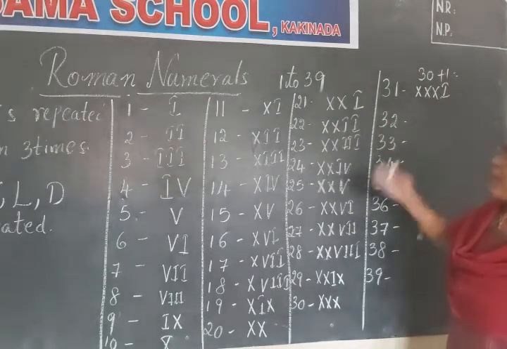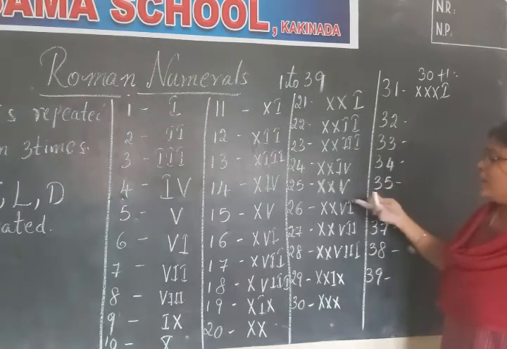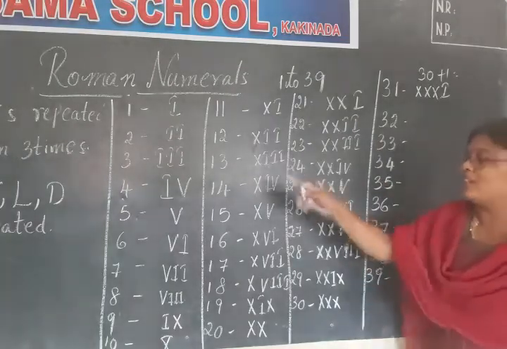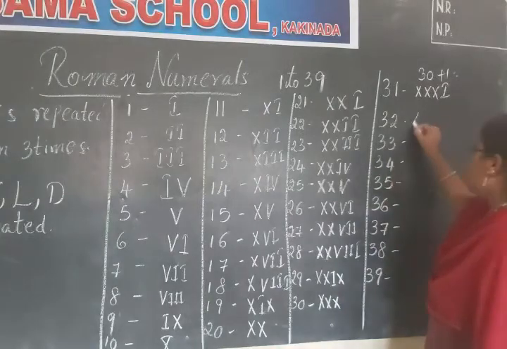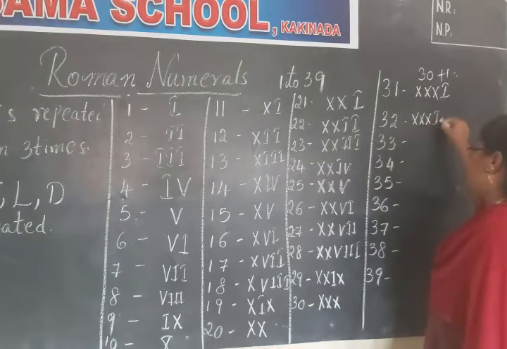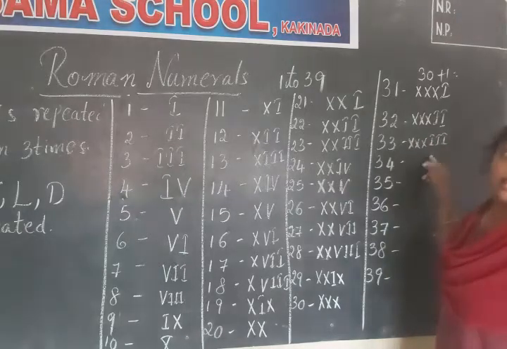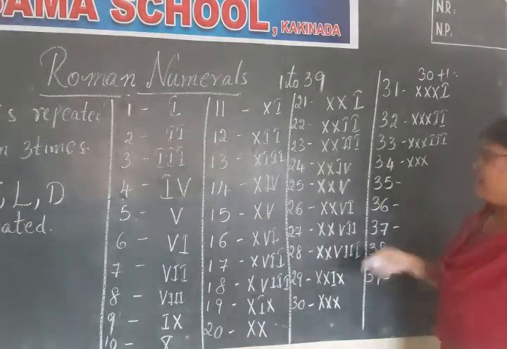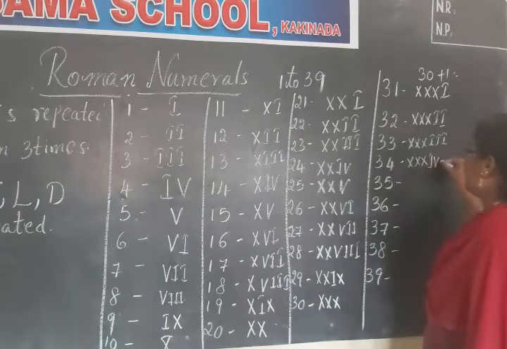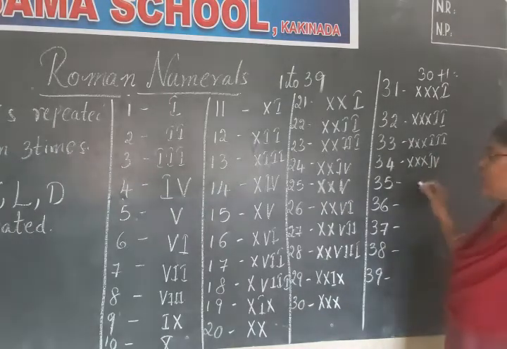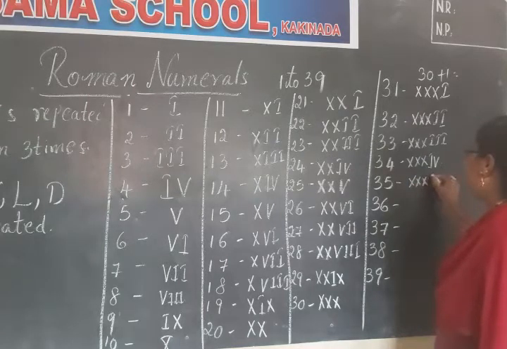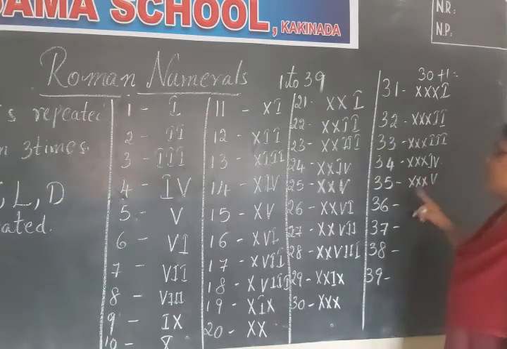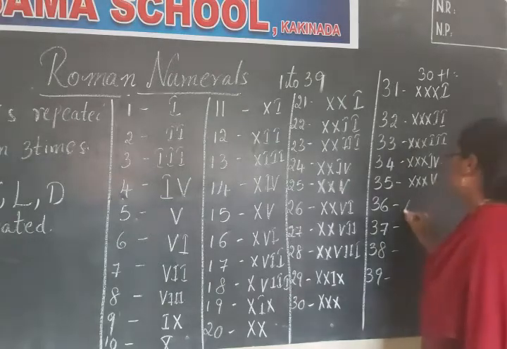31. In the same way for 32, 33, for all, you have to add triple X before the 1 to 9 numbers. So, triple X double I, 32. Triple X triple I, 33. Triple X and for 4 IV. Right? 34. Triple X and V is for 5. So 35.